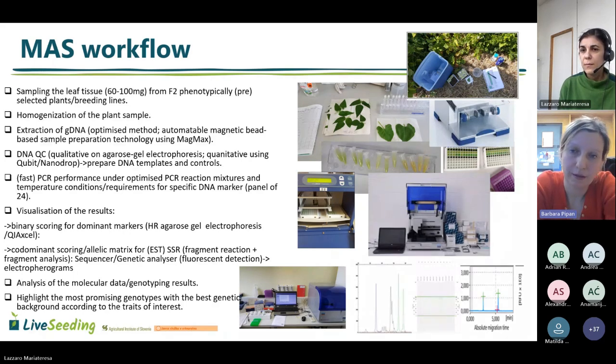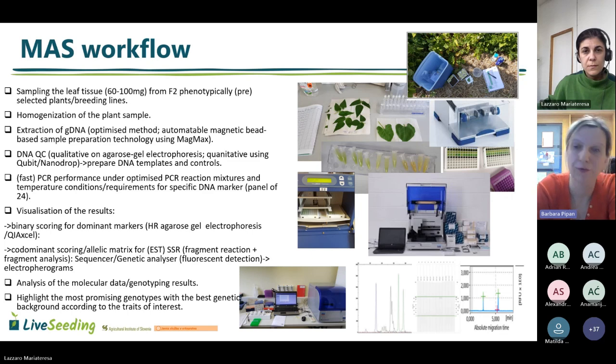We are using fast PCR protocols, which are quicker, according to the specific requirements for each DNA marker applied for marker assisted selection on our breeding material. And then after that we have the visualization of the results.